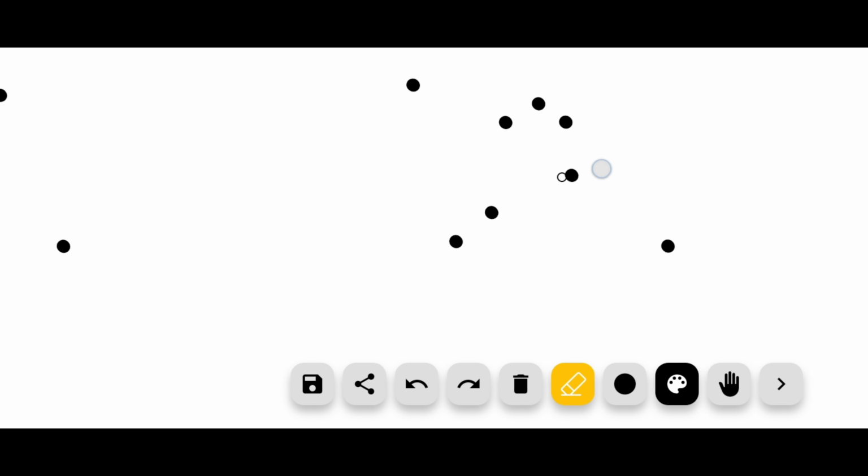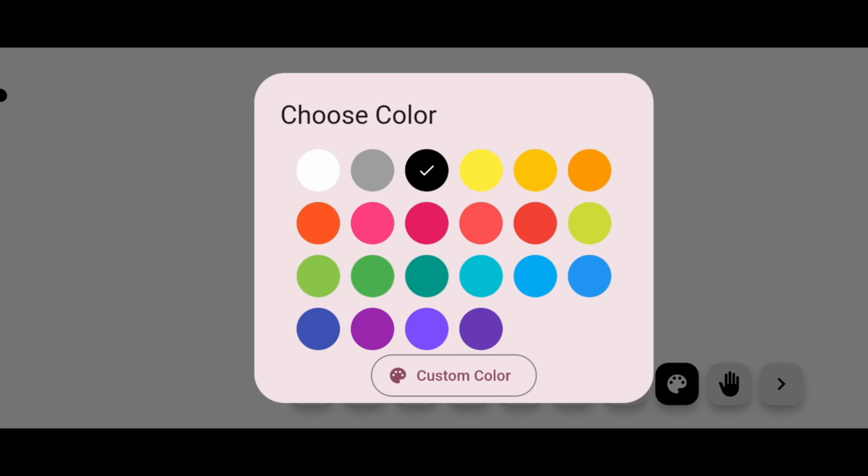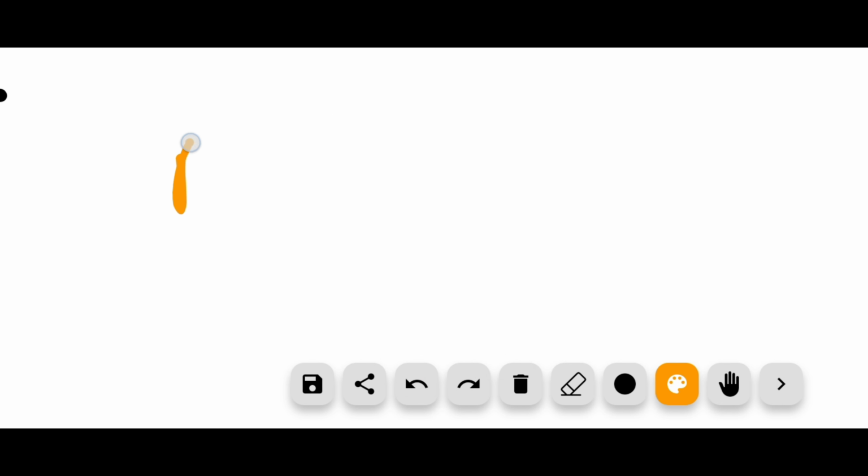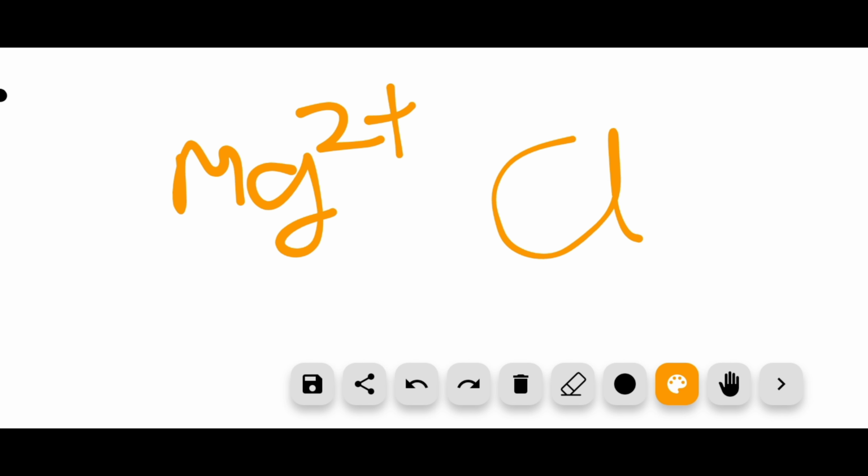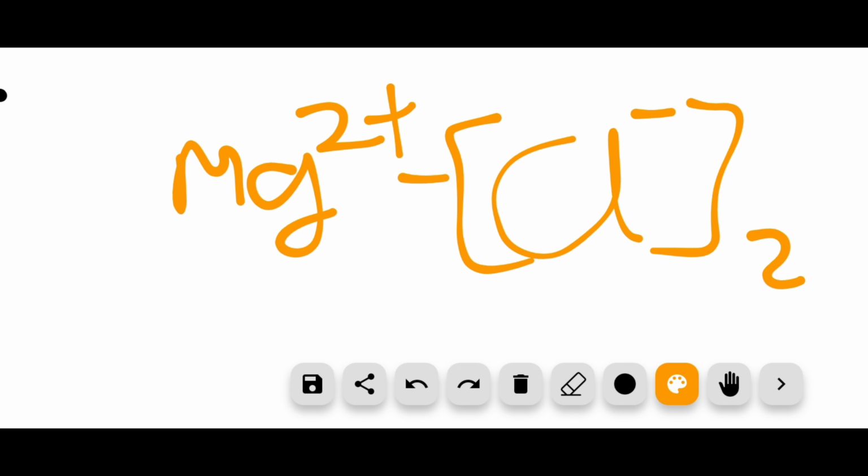Now we draw the ionic compound, that is Mg2 plus and Cl negative, as each gained 1 electron, but there should be two, so that it balances the Mg2 plus.